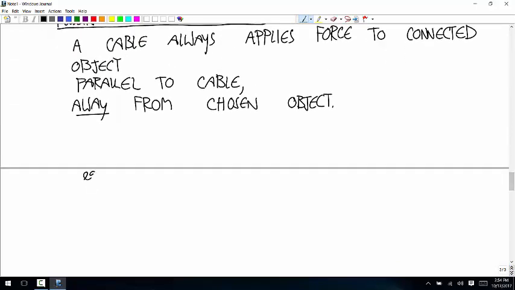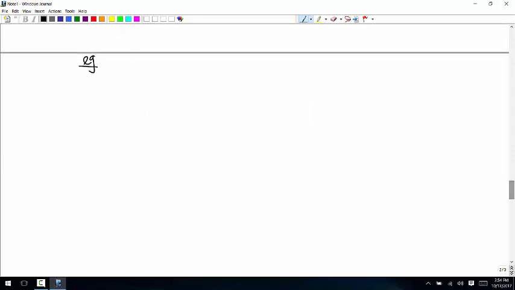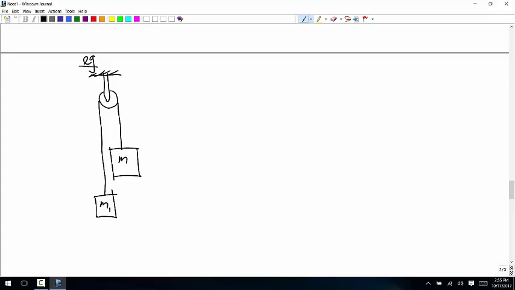So for example, let's say this is a pulley attached to the ceiling, and on one side you have, let's call this little one mass 1, and this bigger one is mass 2.